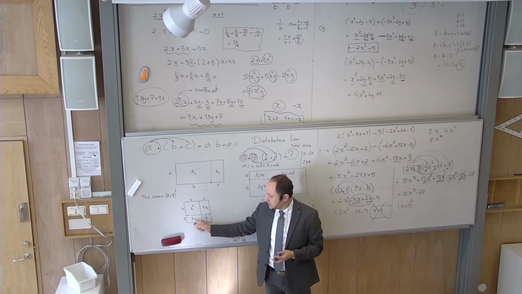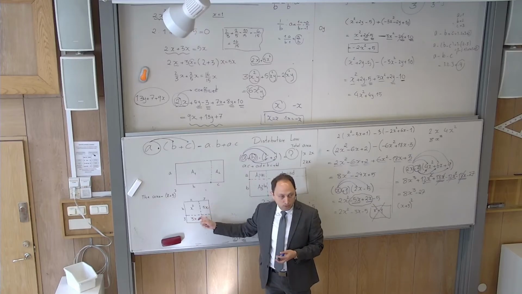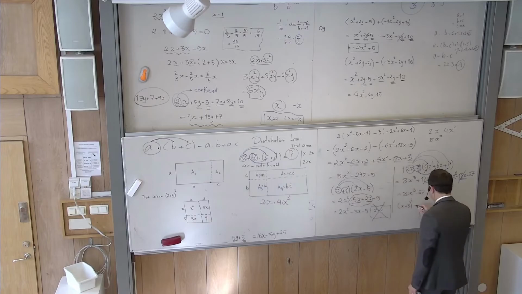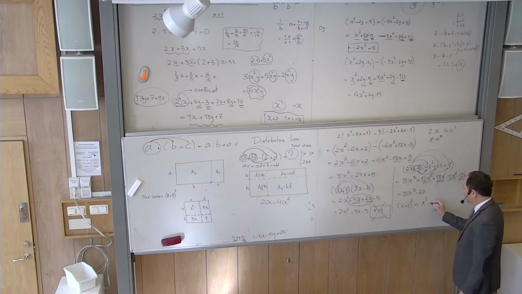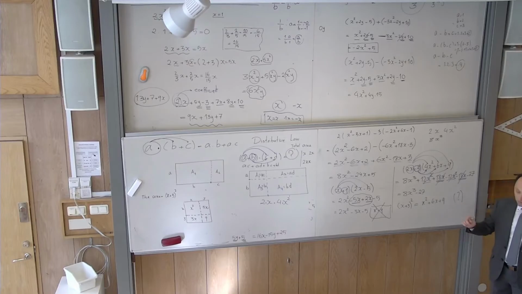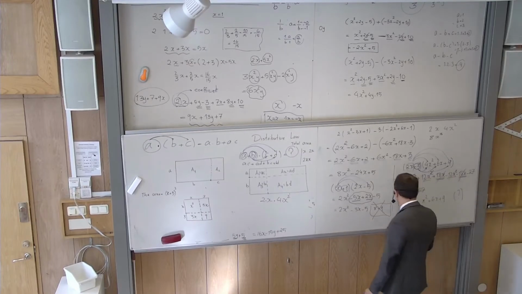Yes, 3x here and 3x there, which is how many x's? 6 x's. So the correct answer to this from a geometrical perspective is this. Okay? This we discovered using geometry. But of course, here we are doing algebra. Let us see what will happen if we just apply the algebra.